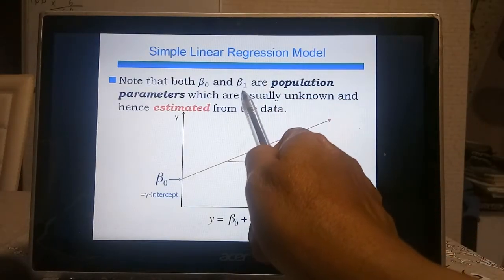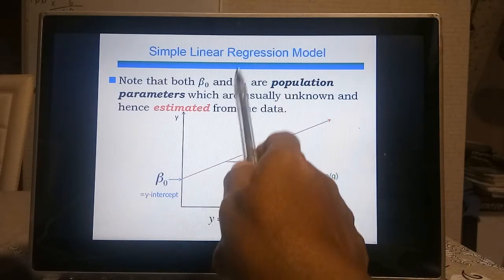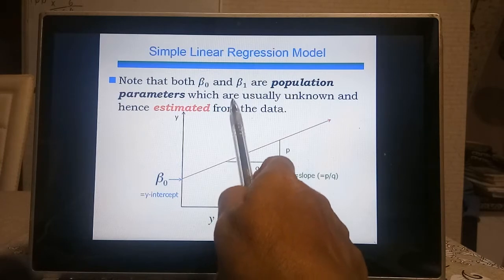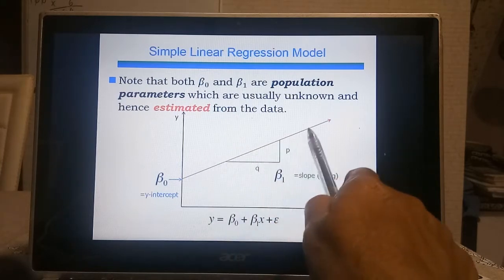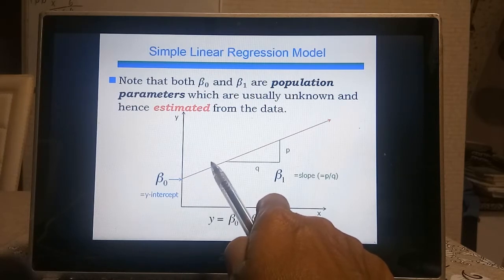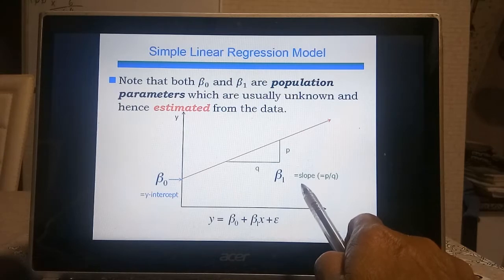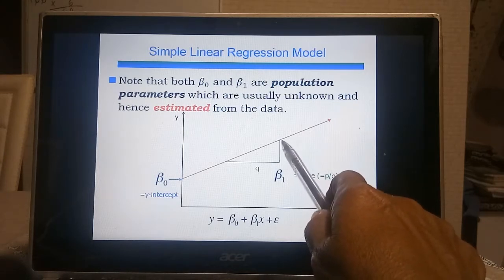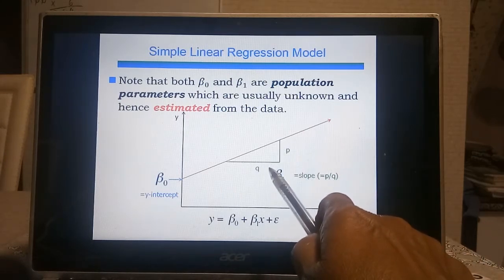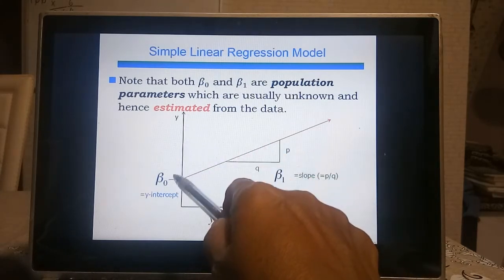Okay, b0 and b1 ni are population parameters which are usually unknown. So kita tak tahu nilai dia, and we should estimate it from the data. Daripada data tu kita dapatkan nilai-nilai bagi kecerunan ataupun slope, which is given by change in y over change in x. Dan b0 pun kita kena dapat daripada intercept pada paksi y.